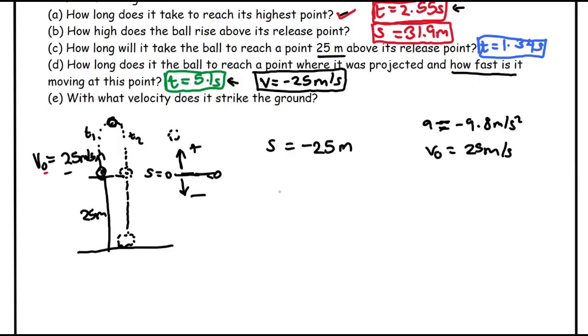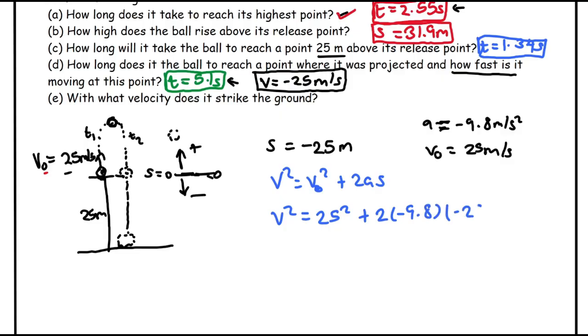We'll use v squared is equal to v naught squared plus 2as. V squared is what we're looking for. Initial velocity is 25, plus 2, our acceleration is negative 9.8, and our displacement is negative 25.